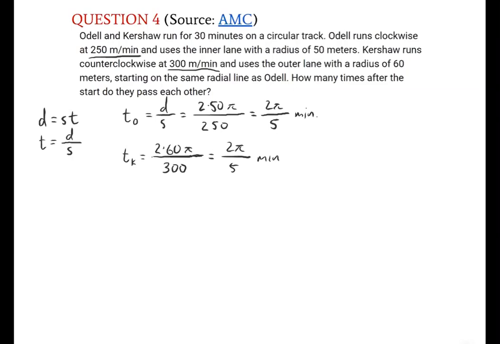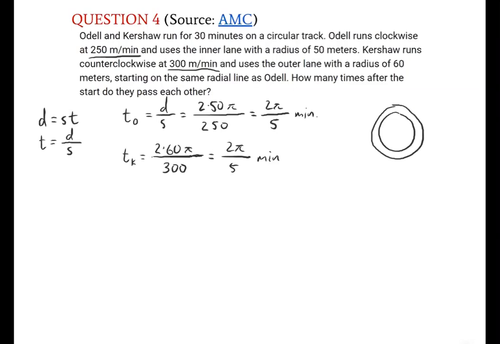And yeah, so since both of them take the same amount of time to run one lap, that means that each time they run a lap, they will pass each other twice. You can draw a little picture to help visualize.